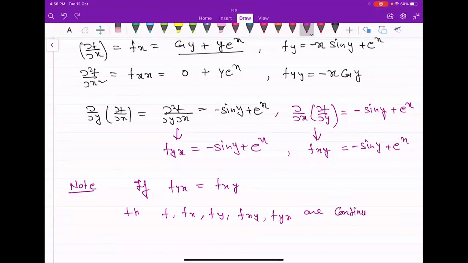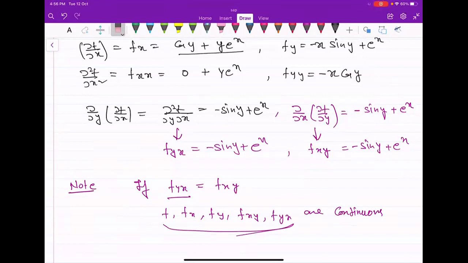Okay? If your fxy equals fyx, in that case all these terms will be continuous. So what we discussed earlier was that first order partial derivatives may exist but the function may not be continuous.